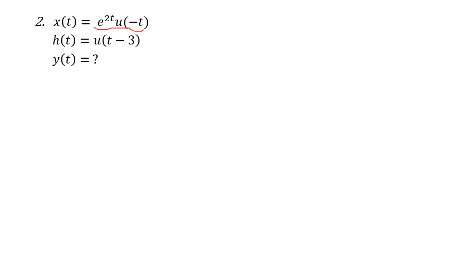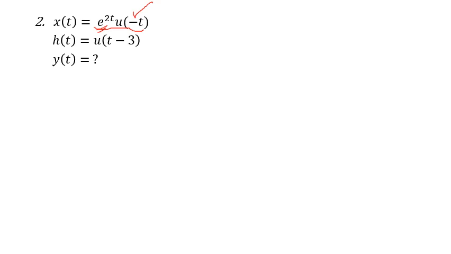In this case the step function is u of minus t, which exists from minus infinity up to 0. So this signal will exist from minus infinity up to 0.